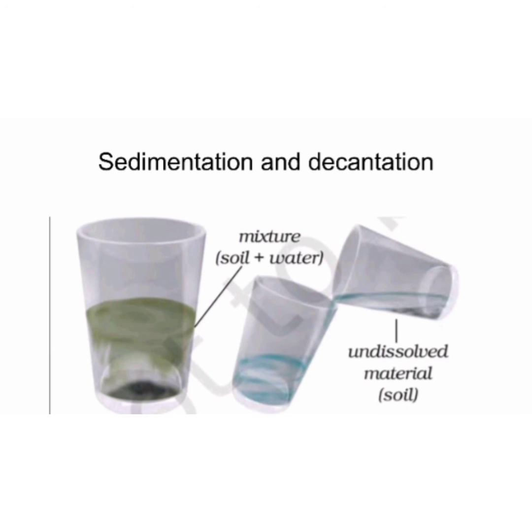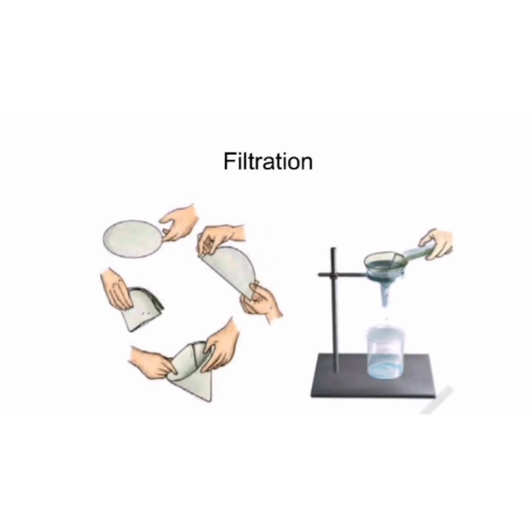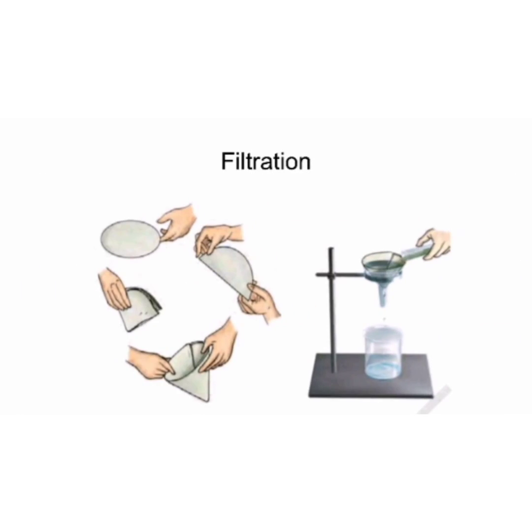Now slightly move the glass without disturbing the water. Let the water from the top flow into another glass. What will you call this process? This is the decantation process, right?